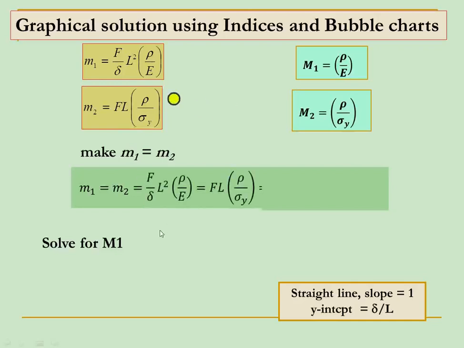This gives me F upon delta L square, rho by E, is equal to FL, rho upon sigma y. If I substitute rho upon E and rho upon sigma y as material index 1 and material index 2, I can write this as F upon delta L square m1 equals FL m2.